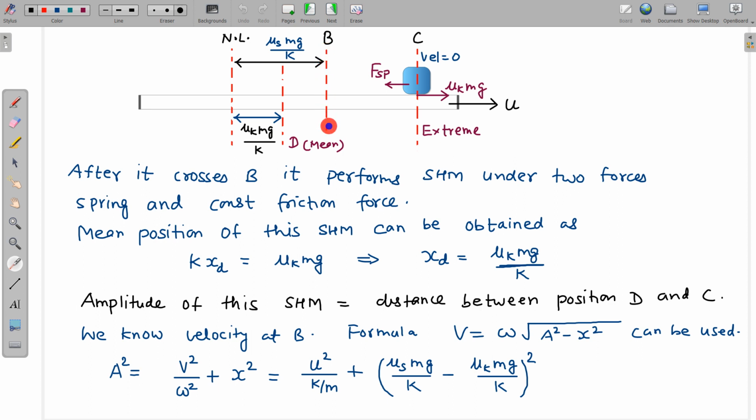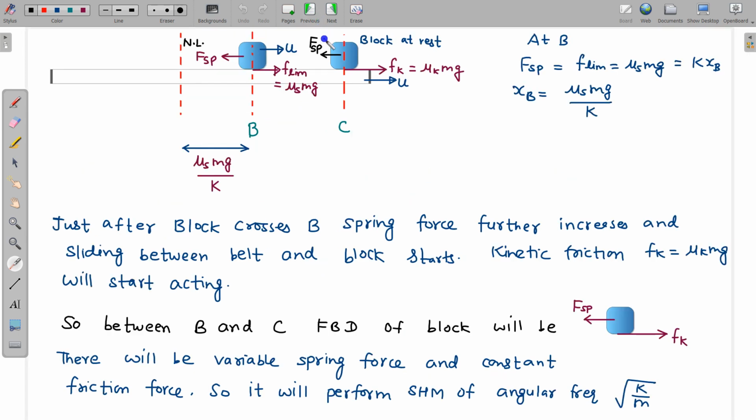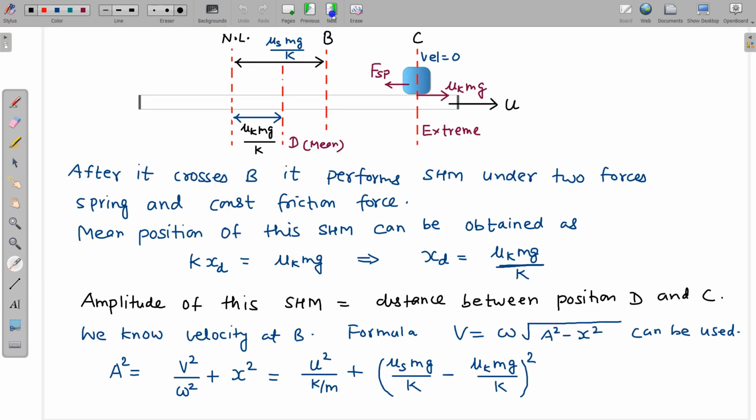At this particular location we know the velocity, because here it was moving with velocity u, as we have seen in this diagram, which is the velocity of the belt also. You can assume that from here the friction force is converted into mu k mg. From B, the mu k mg friction force starts acting on the block, and at this location the velocity was equal to u.